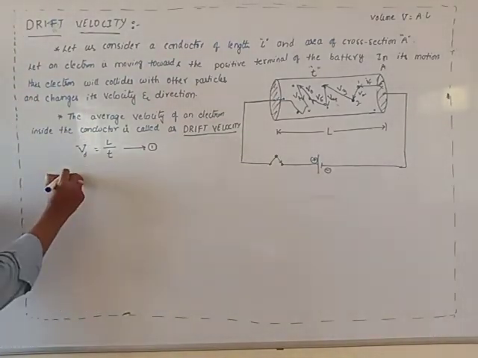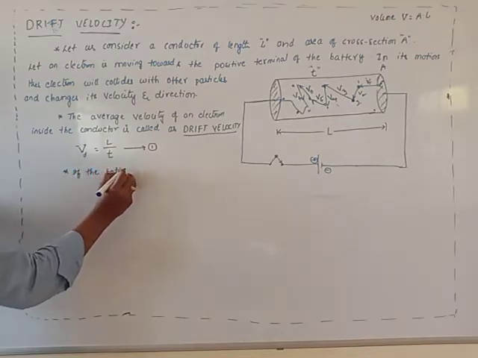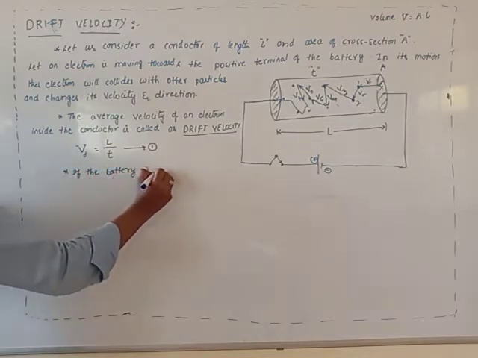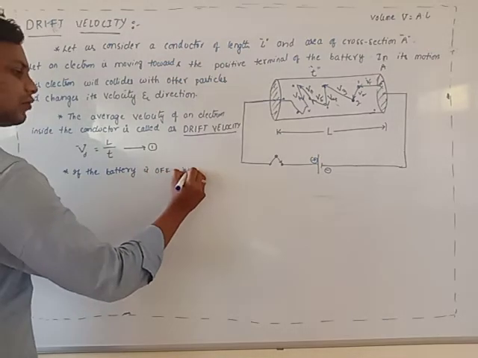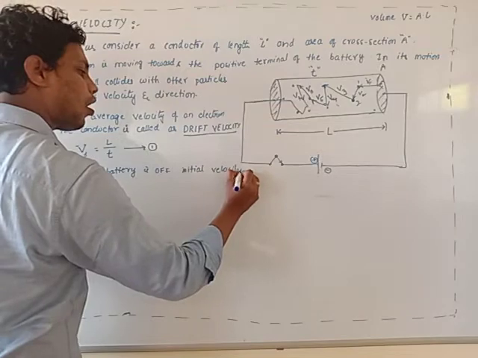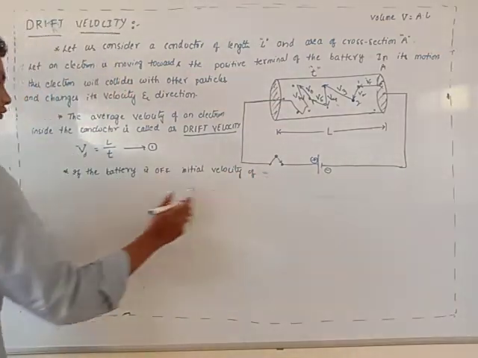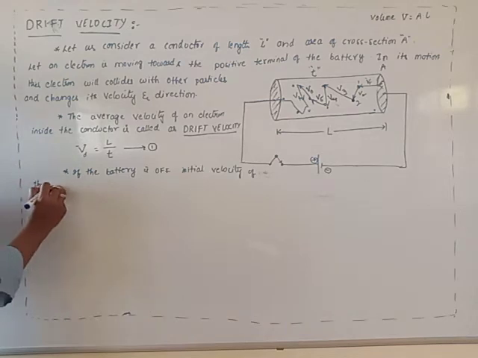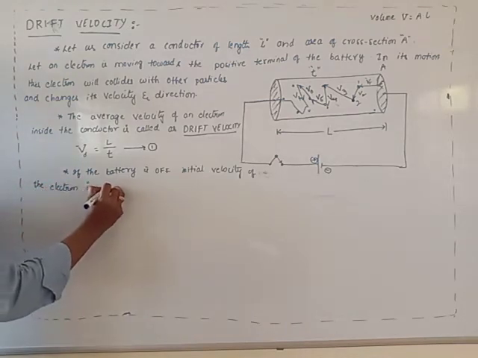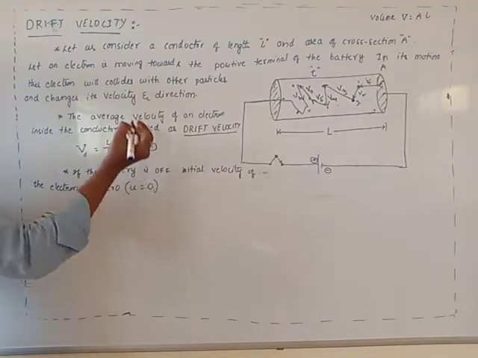For example, if the battery is in off state, then the initial velocity of the electron is 0. I will consider that initial velocity as u, so u is equal to 0.